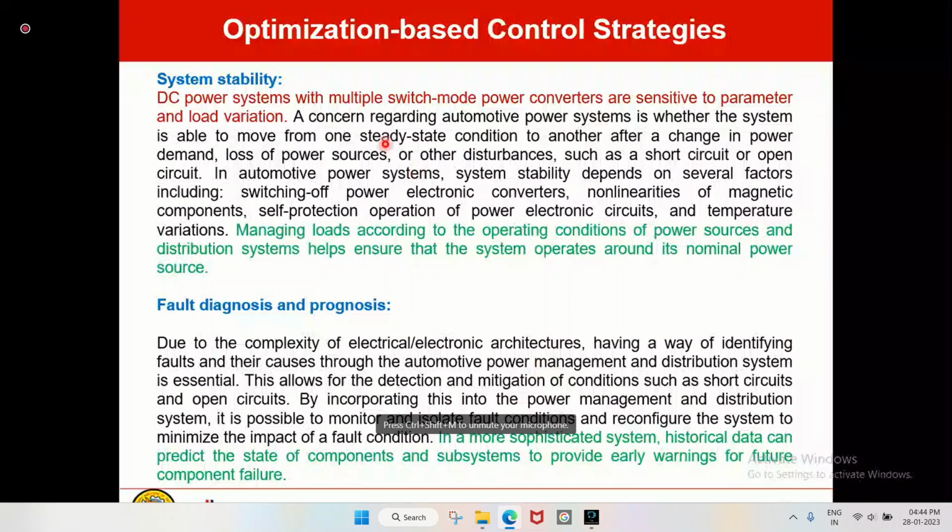Sometimes system stability becomes a very important issue, or there is some requirement of fault diagnosis and prognosis, because with a lot of electronics there is a chance that something will go wrong. So ideally you would like to enable your system to be able to do the fault diagnosis, right? And then prognosis as well.